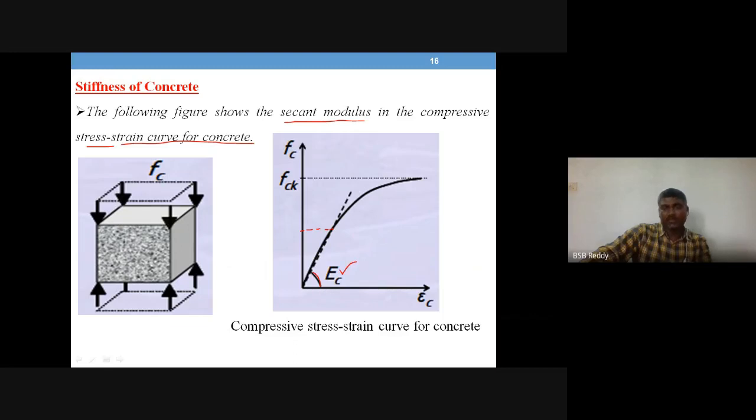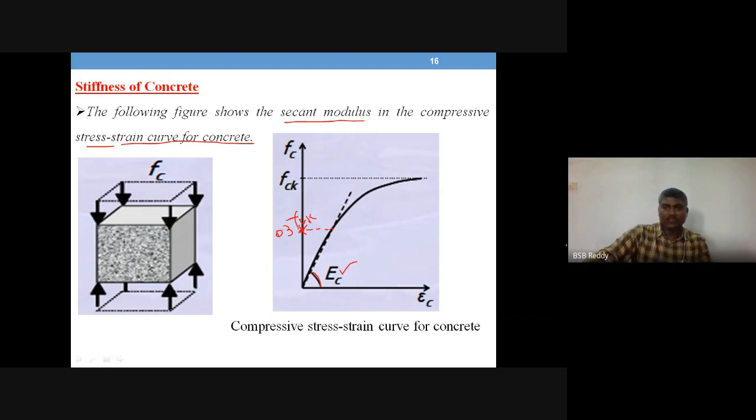That is nothing but the Young's modulus of concrete. This is the stress level that we just talked about, 0.3 times FCK.